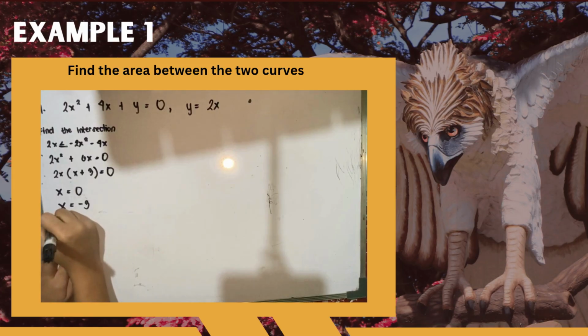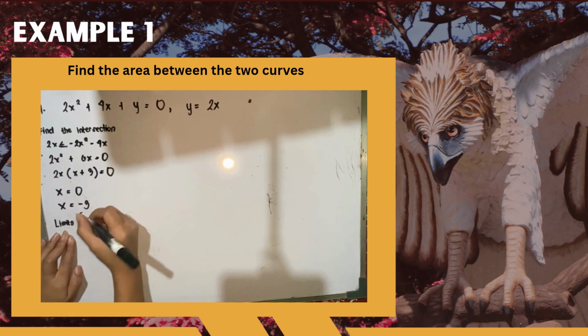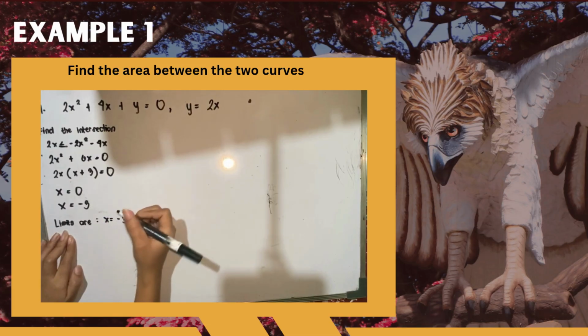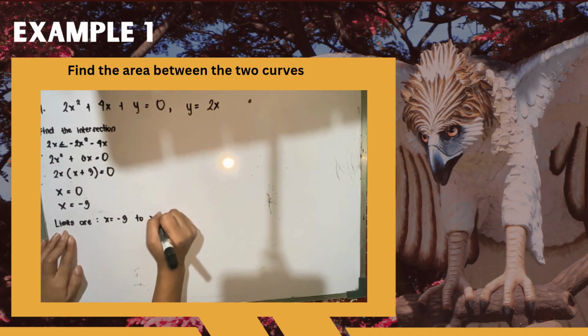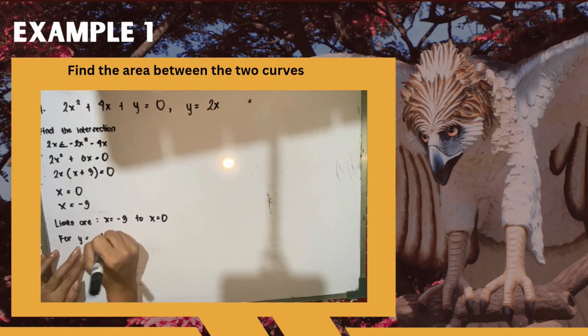So the limits are from x equals negative 3 to x equals 0. And now we have to find for y equals 2x.